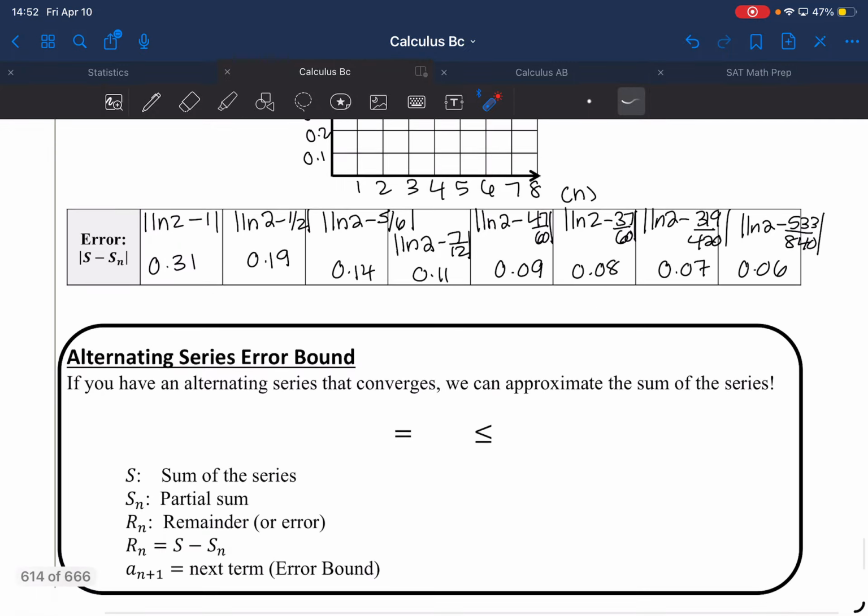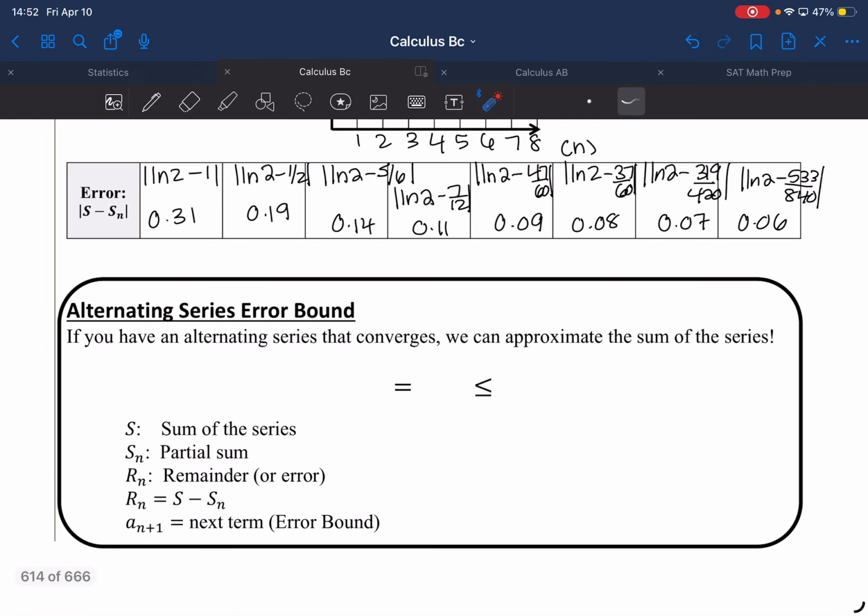Okay. So now this next part is the part that is for calculus, right? What we really need to focus on is how to use alternating series for an error bound. It says if you have an alternating series that converges, that's the most important, we can approximate the sum of the series.